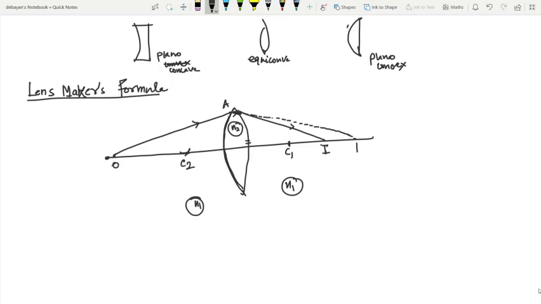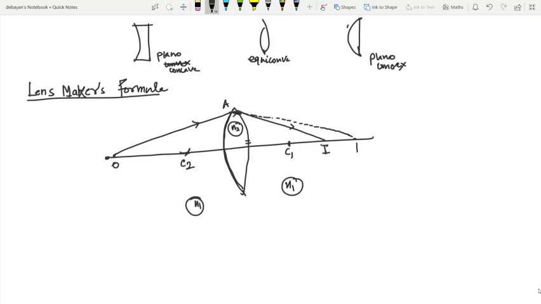This image is then treated as an object for the second refracting surface, and so the final image will be formed somewhere at that position.